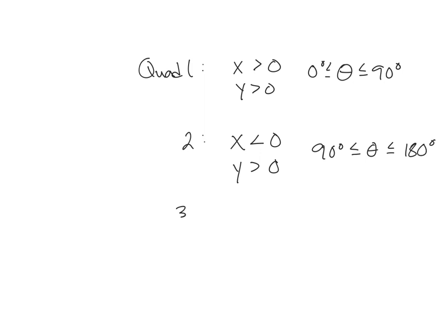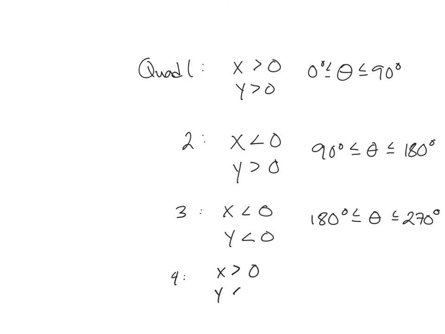Quadrant 3, both the real and the imaginary portions are negative. That's going to denote 180 degrees to 270 degrees phase. And then quadrant 4, the real part is positive, but the imaginary part is negative, and that's going to put you with angles in that domain.